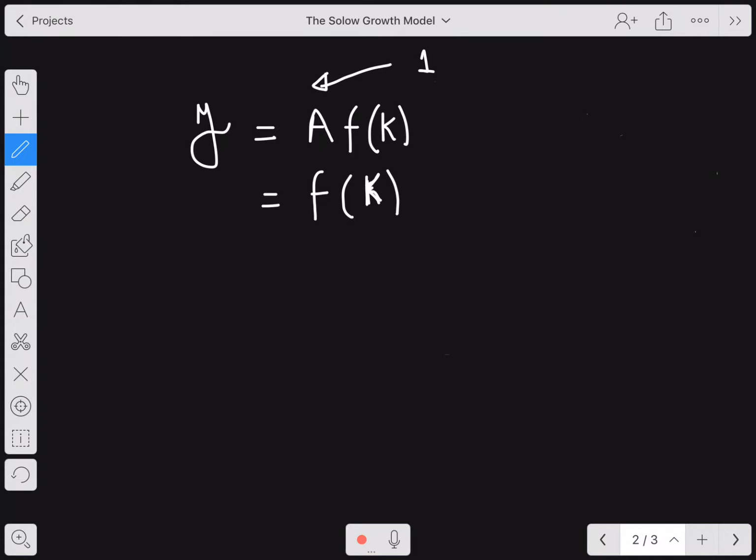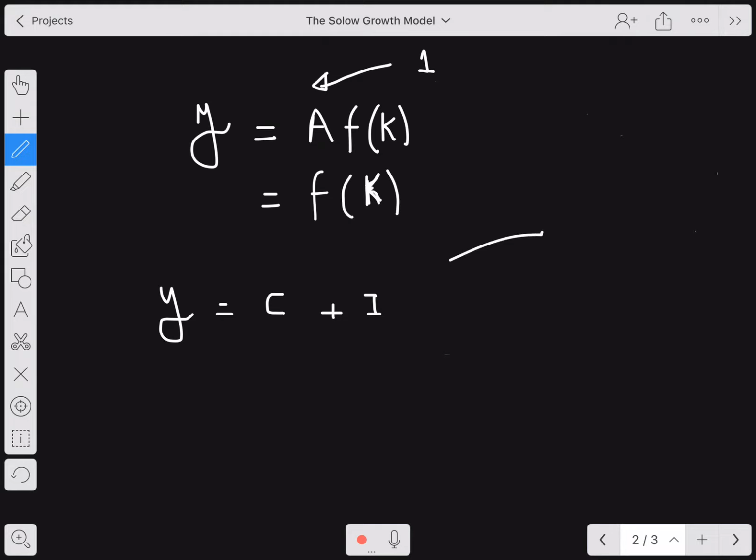And Y can also be written as consumption plus investment. You already know from your principles of macro course that output actually depends on other things, but we are not going to talk about these other things.